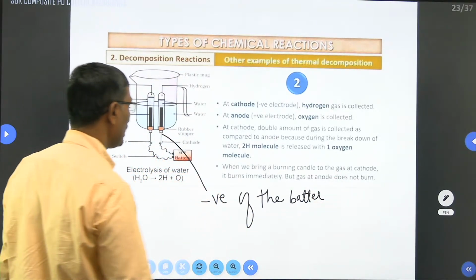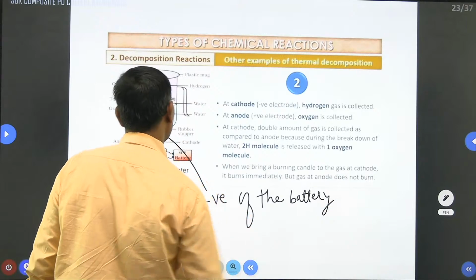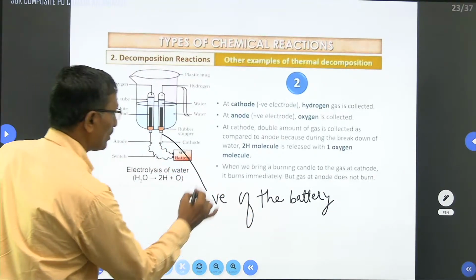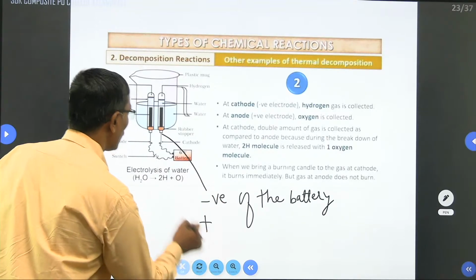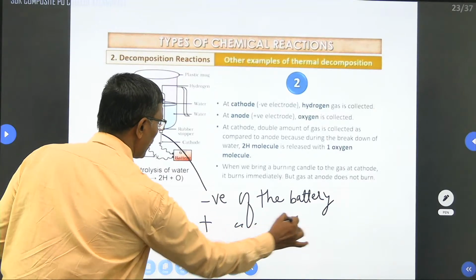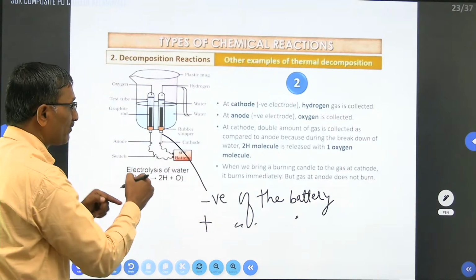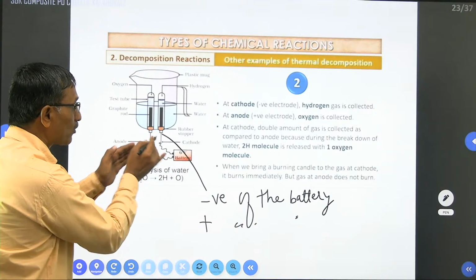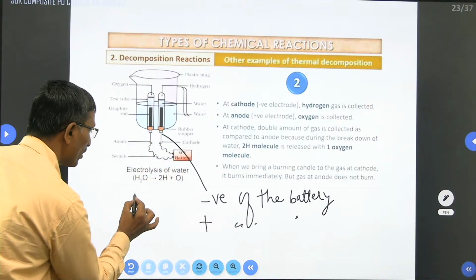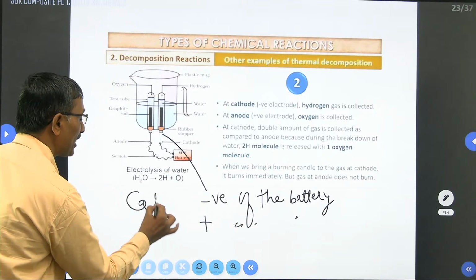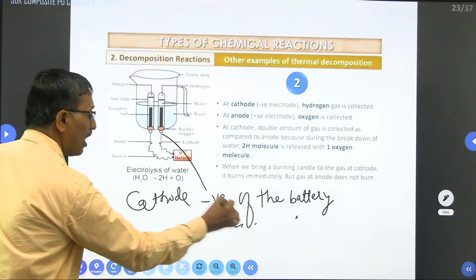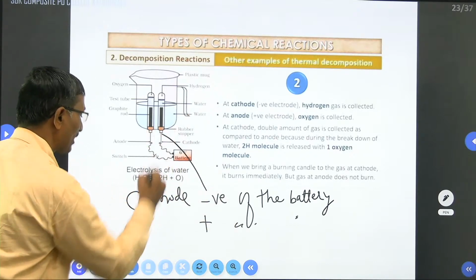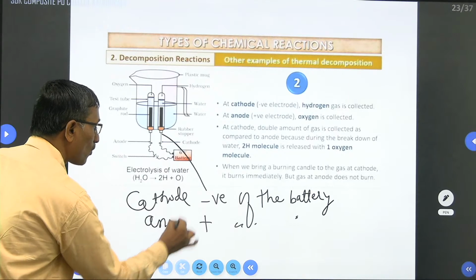In the same way, the anode is connected to the positive terminal of the battery. The electrode connected to the negative terminal of the battery acts as the cathode electrode, and the electrode connected to the positive terminal of the battery acts as the anode electrode, students.